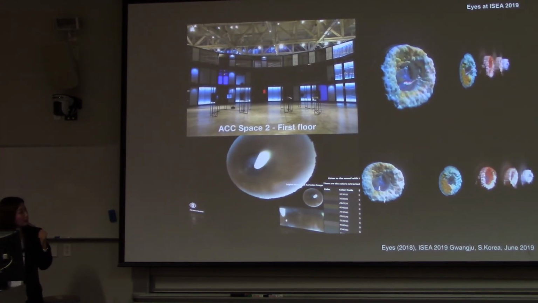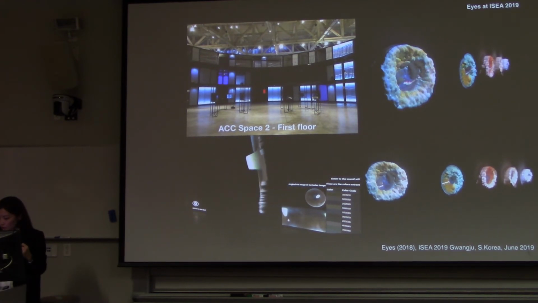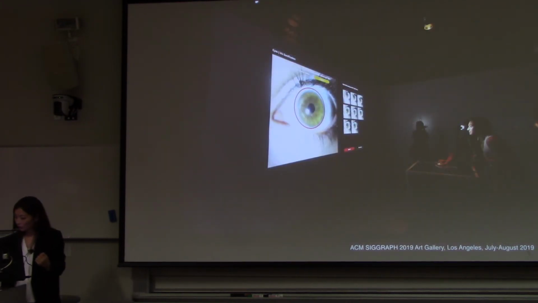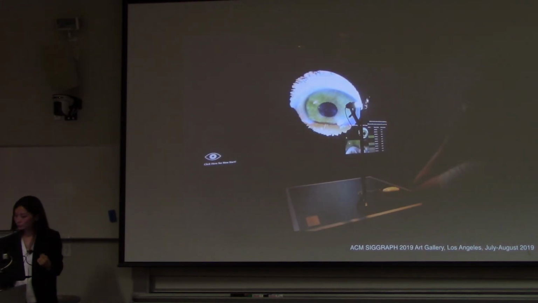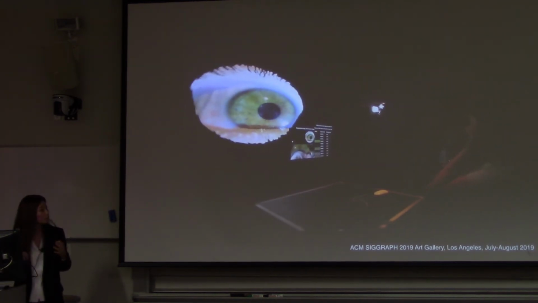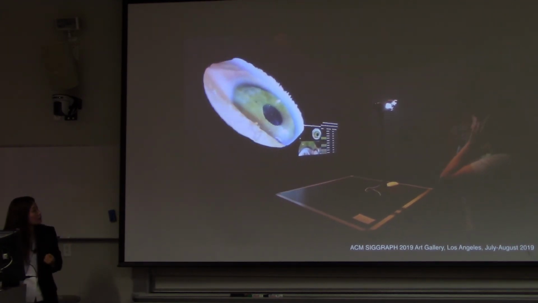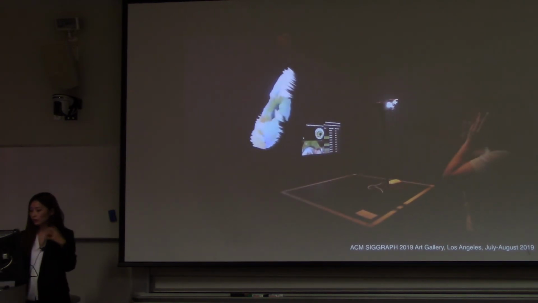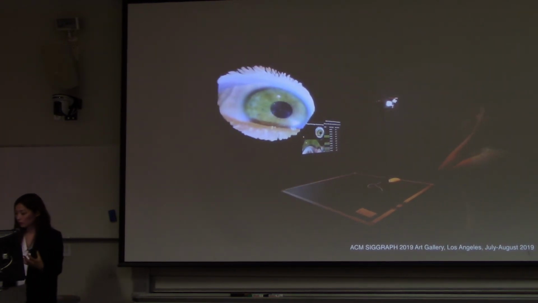Here are some exhibition images in Gwangju, South Korea. A few months ago, I had a chance to show this at SIGGRAPH in the Los Angeles Convention Center. There were so many engineers and computer graphic artists, and I saw so many interesting eye designs.